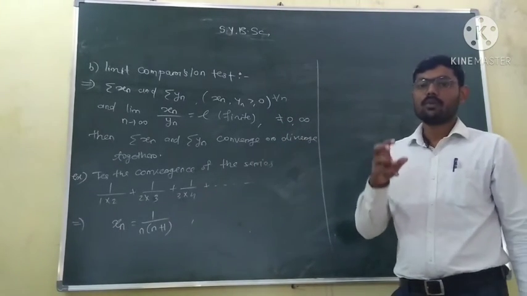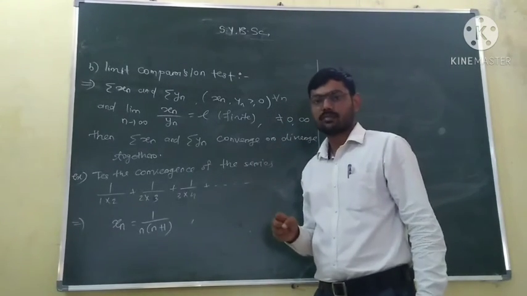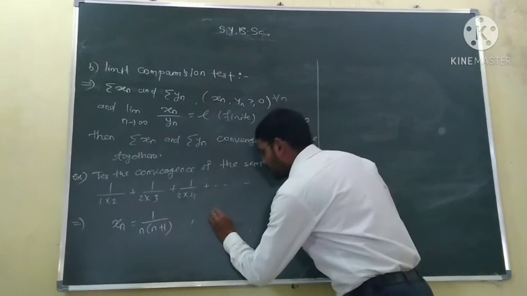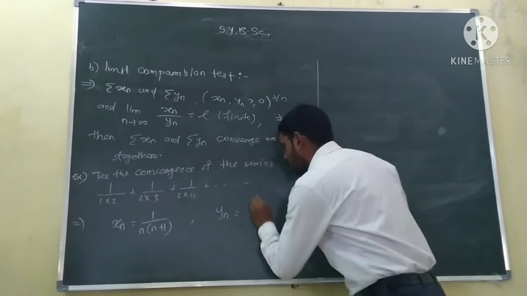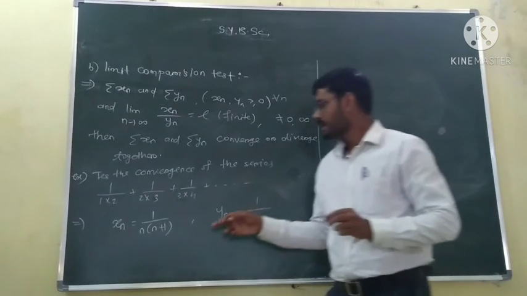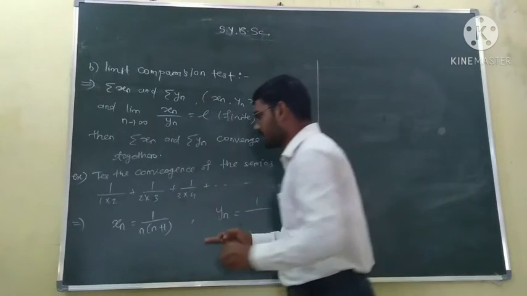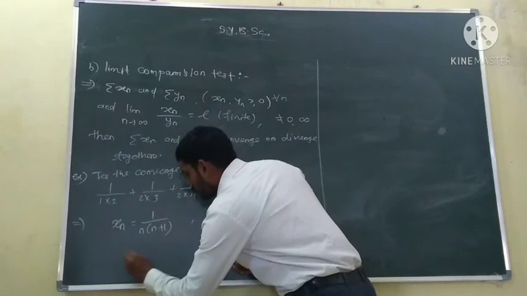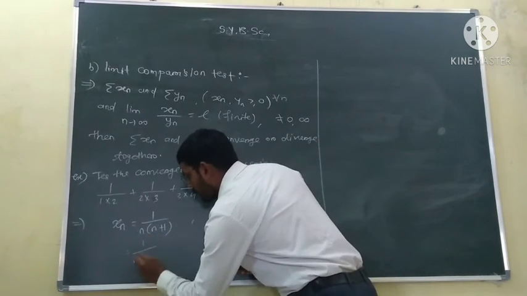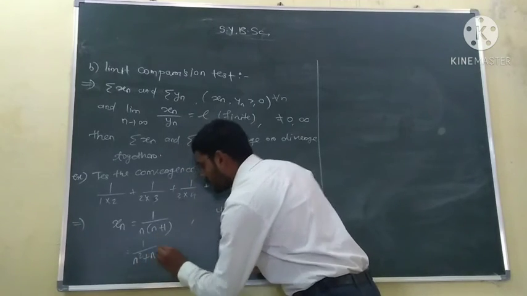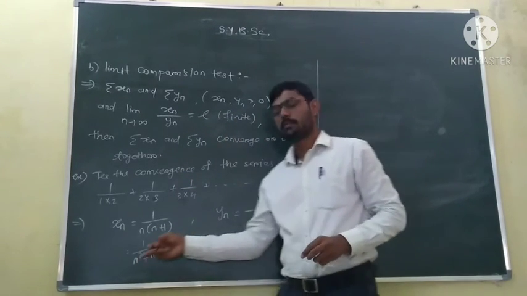Now we take the series yn such that the nth term yn is equal to 1 upon the highest power of n. Now 1 upon n into n plus 1 is nothing but 1 upon n square plus n.